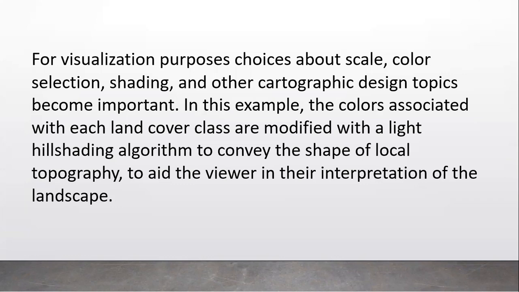For visualization purposes, choices about scale, color, selection, shading, and other cartography design topics become important. In this example, the colors associated with each land cover class are modified with a light hill shading algorithm to convey the shape of local topography to aid the viewer in their interpretation of the landscape.